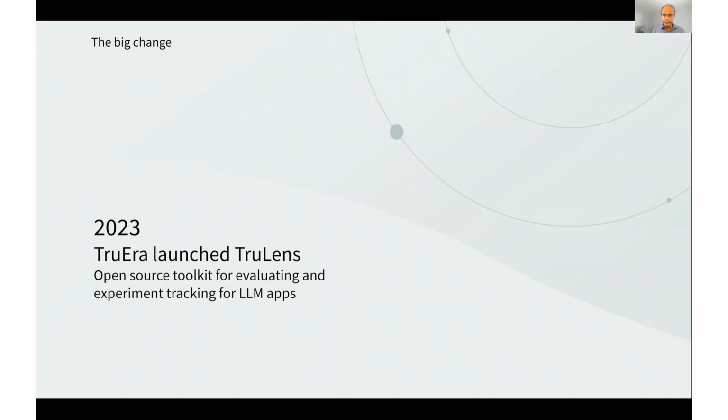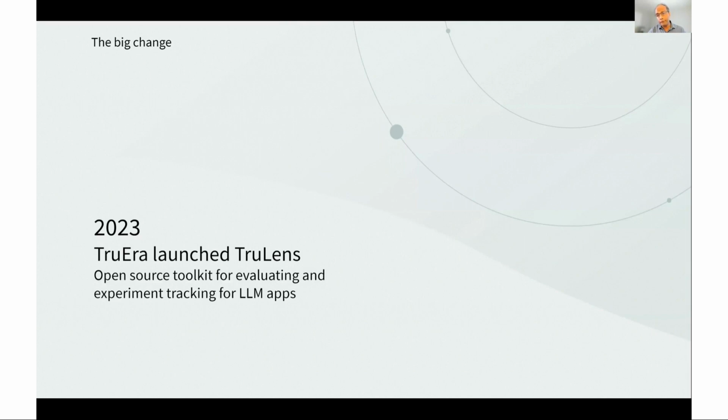We launched TruLens in May of 2023. It's an open source toolkit for evaluating and experiment tracking for LLM apps that has started getting significant traction now. And in today's webinar, we will show you how to work with TruLens in a hands-on manner.